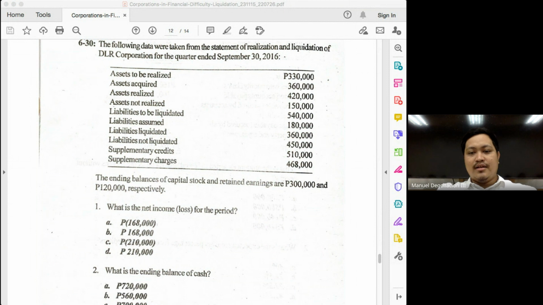And then your total credits would be 1 million, 1,800,000. Which side is greater, class? Debit side. And what does it mean if the debit side is greater? You have a loss. Okay, the charges, class, are greater. Okay. How much is the difference? 168,000.